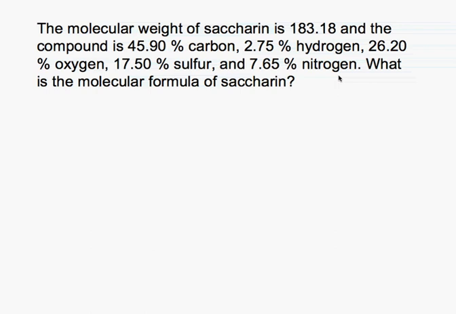So again, we add up our percentages to make sure that they equal 100%.